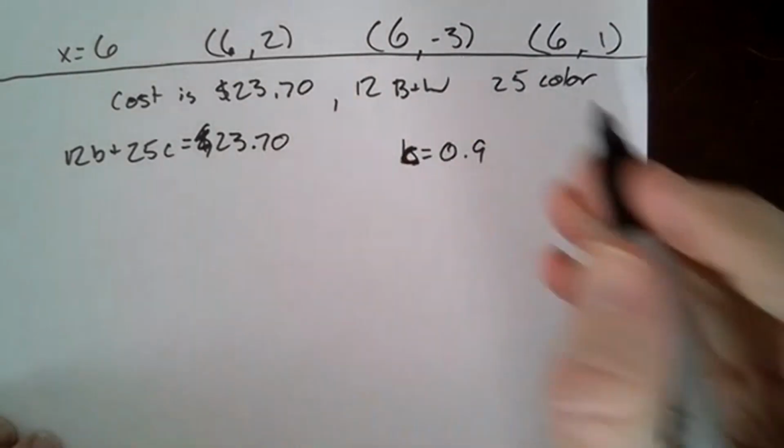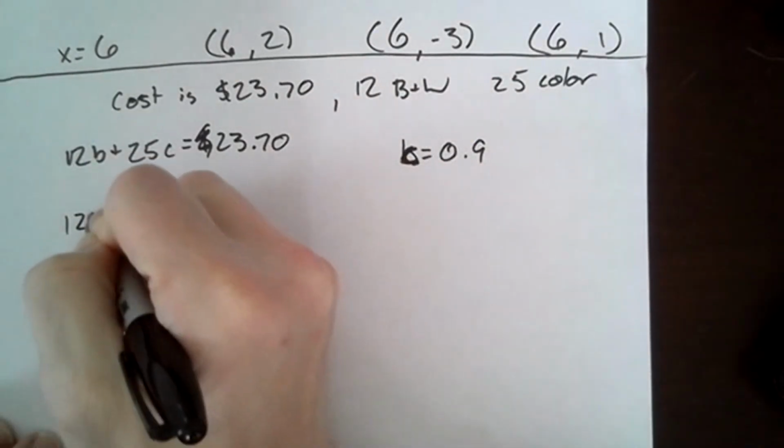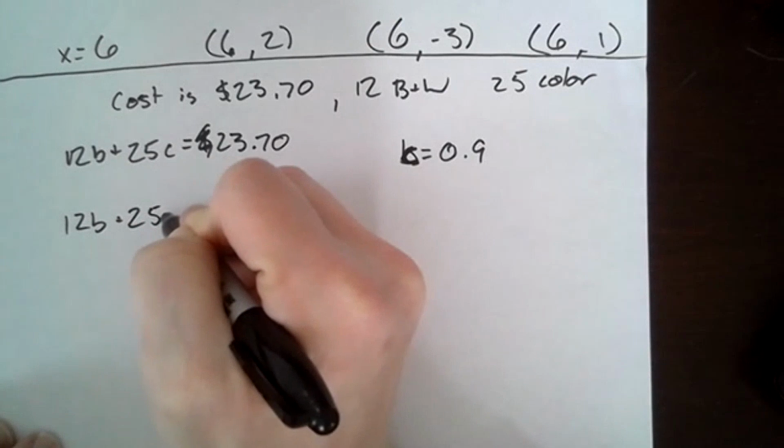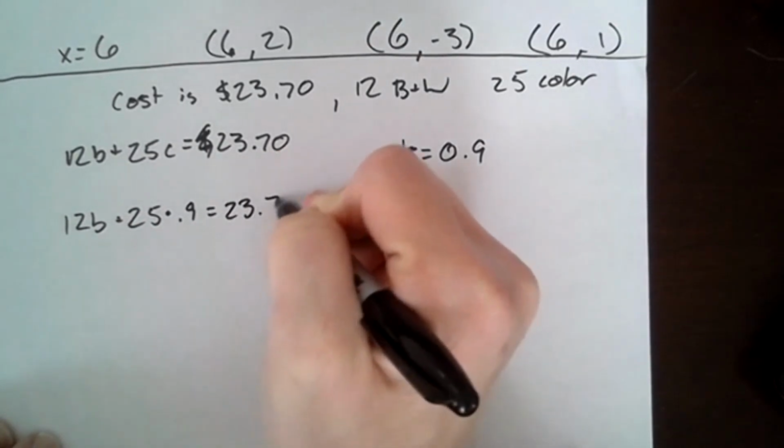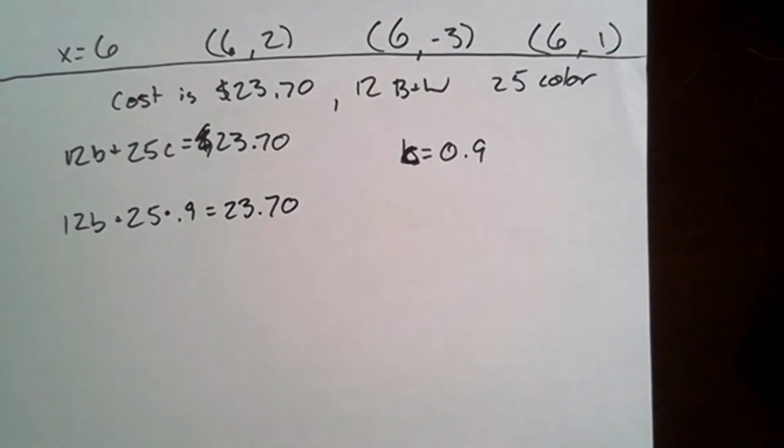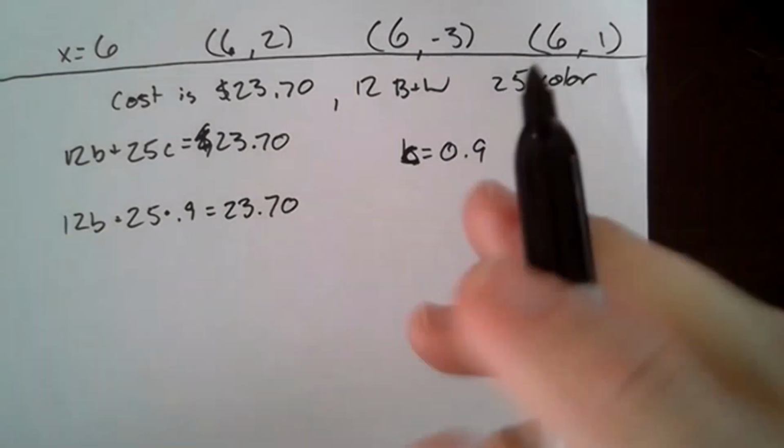Okay, so with C equals 0.9, we've got 12B plus 25 times 0.9 equals 23.70. I can break out a calculator and say that 25 times 0.9 is 22.5.